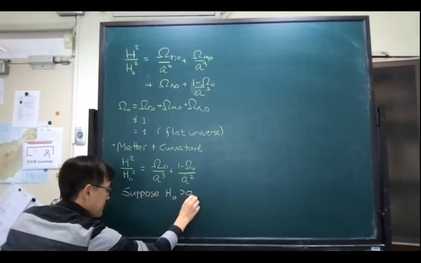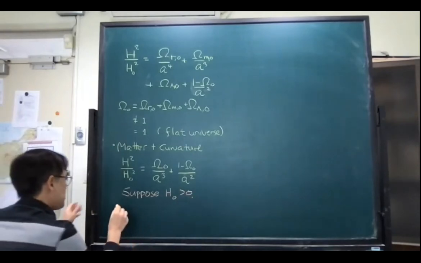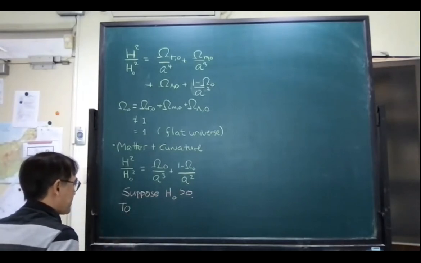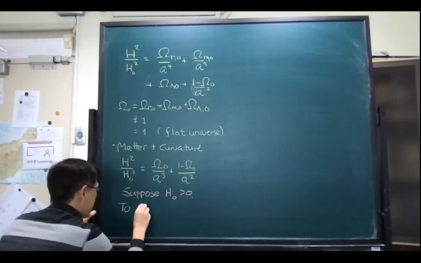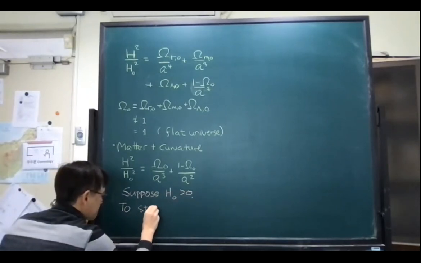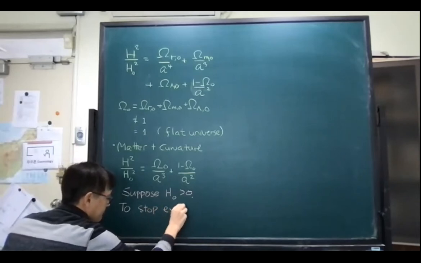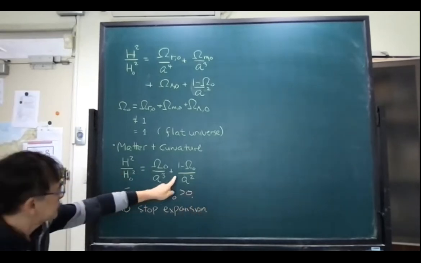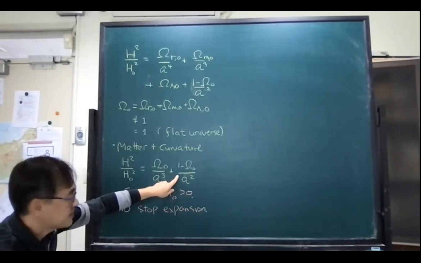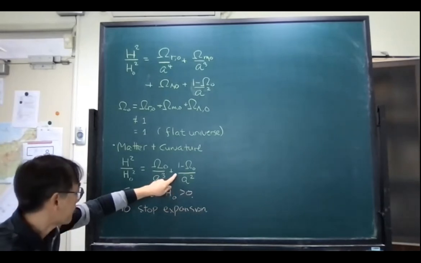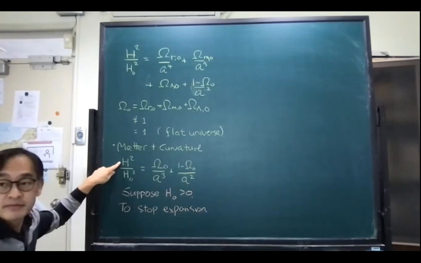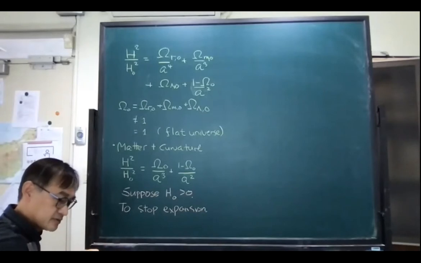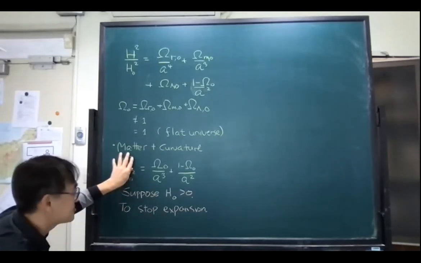In this case, to stop the expansion, this term has to be negative, so that this is H squared, meaning to stop the expansion, this term has to be 0.